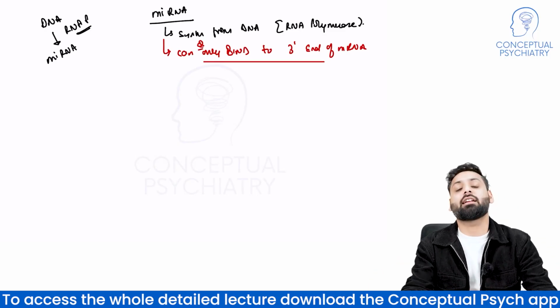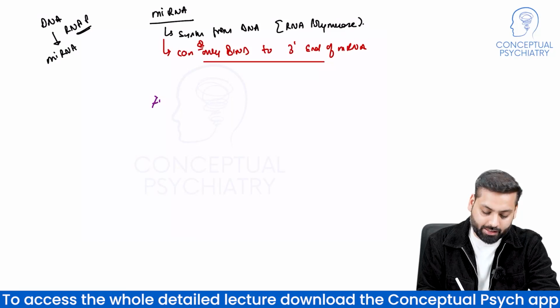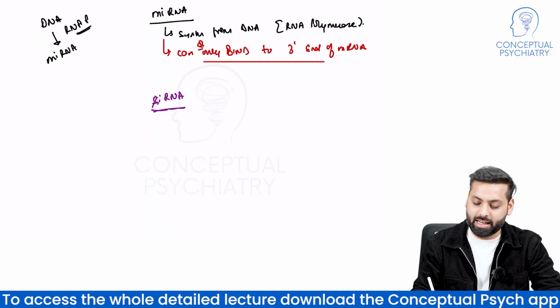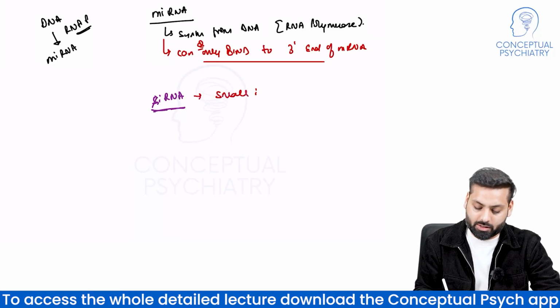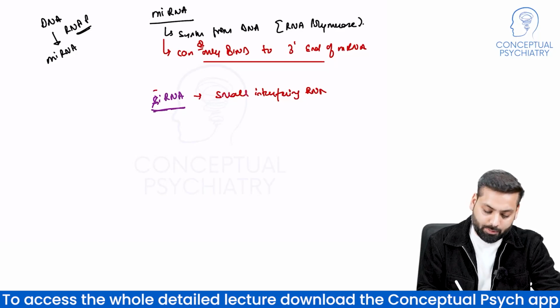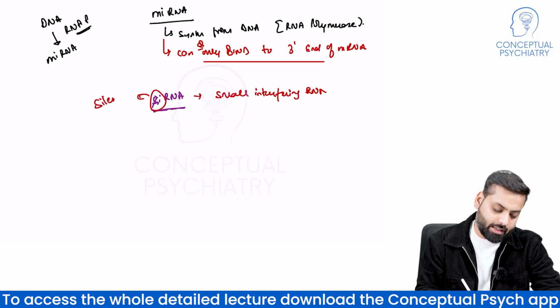Whereas there is another RNA, which is siRNA. Short interfering RNA, siRNA. This is small interfering RNA. Or you can remember this as silencing RNA. We read two techniques.